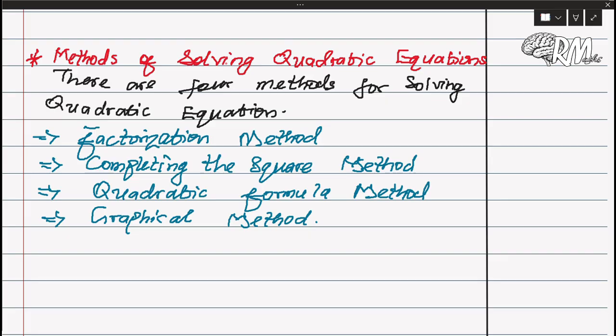This is where we use the formula anytime the quadratic equation question is feeling impossible to solve. Then we can use the quadratic formula method to solve the quadratic equation. We also have graphical method, where we use a graph to plot the quadratic curve and find our roots.